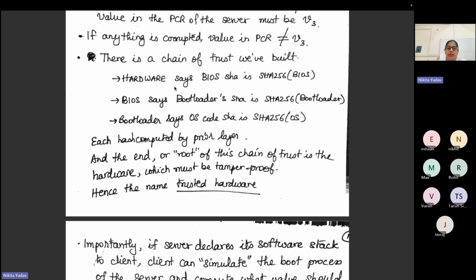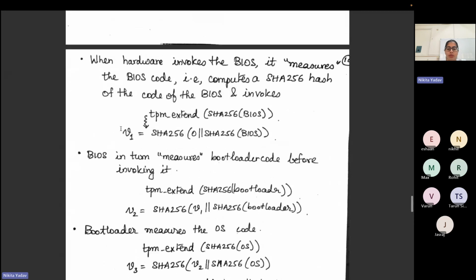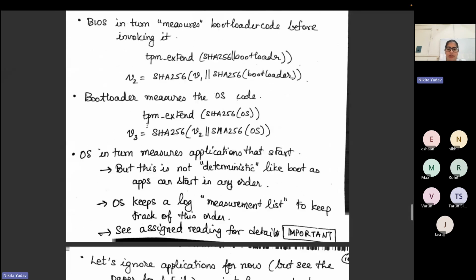Then the BIOS is going to measure the bootloader. It's computing the hash of the bootloader. So far, if the hardware is trusted and the BIOS is not corrupted, the value we would have computed would be V1, which would be correct.